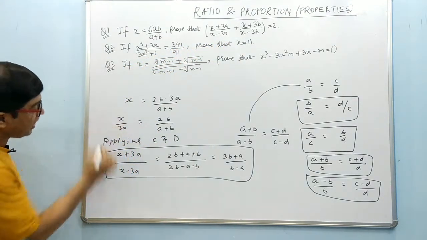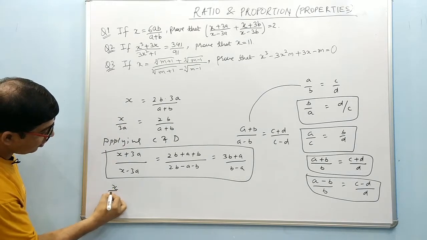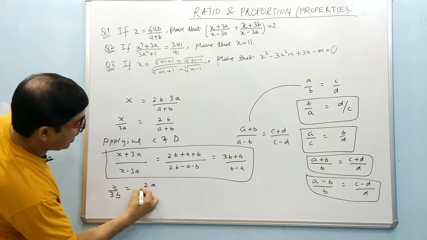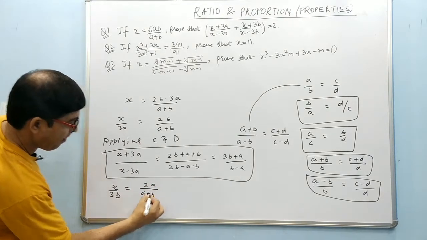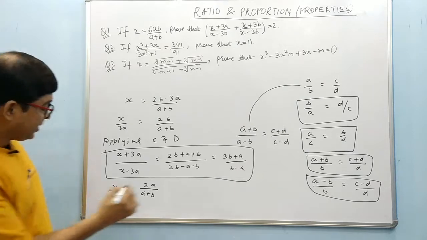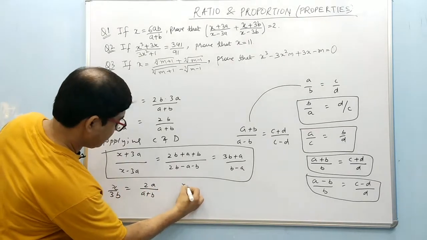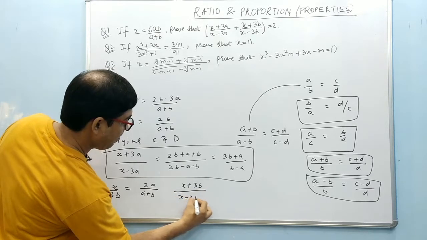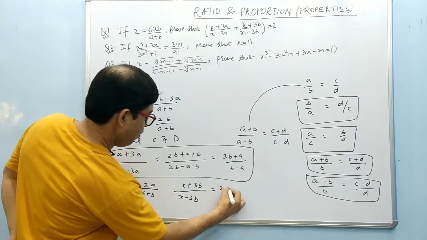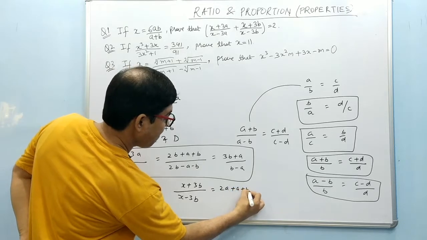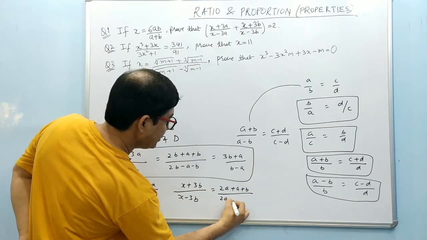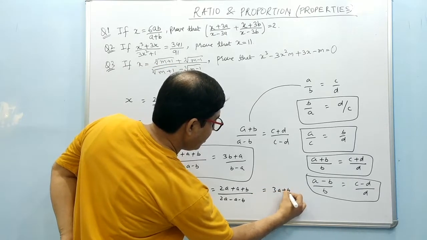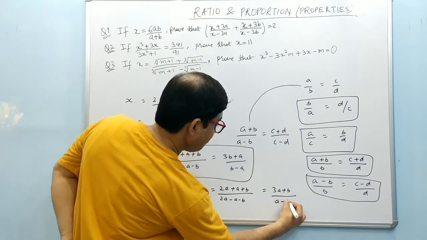So this time what I will write: x by 3b is equal to 2a by a plus b. Now applying C and D, this is giving us x plus 3b by x minus 3b is equal to 2a plus a plus b by 2a minus a minus b, which is 3a plus b divided by a minus b.